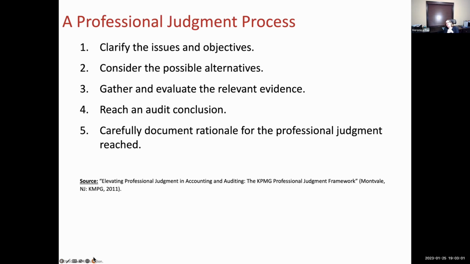So as with anything, we're involved heavily with checklists, procedures, processes. Hopefully we go through this process. This is a step-by-step process. Do we do this? I think not. We should identify the issues, what's happening. We should identify the alternatives. More importantly, we as auditors need to gain that evidence. And then based on what the evidence is leading us to, we build our audit conclusion.